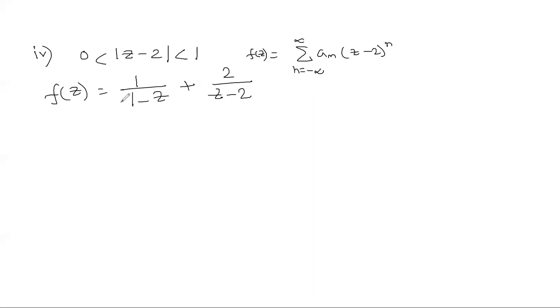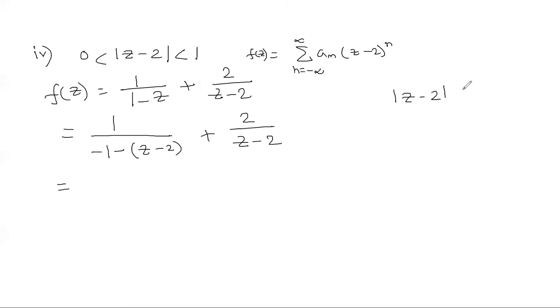So here it is z minus 2. We have to consider this case. So 1 by 1 minus z can be written as minus 1 by 1 plus (z minus 2), plus 2 by z minus 2. So here mod of z minus 2 is strictly less than 1, right? So it is minus (1 plus (z minus 2)) power minus 1, plus 2 by z minus 2.